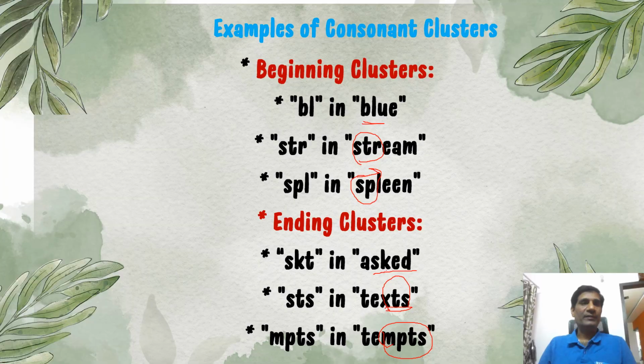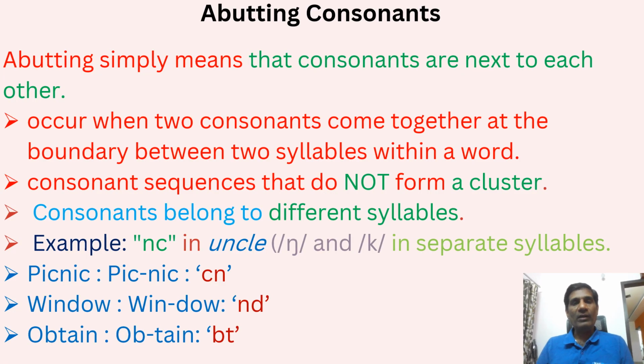Okay, learn what are abutting consonants. So abutting consonants are the consonants that are next to each other. Now let's see how they differ from consonant clusters. These abutting consonants occur when two consonants come together at the boundary between two syllables within a word.